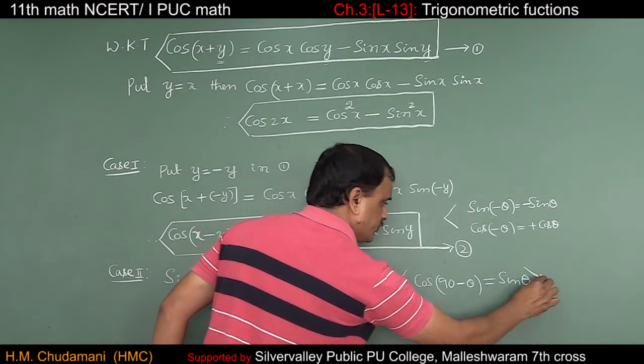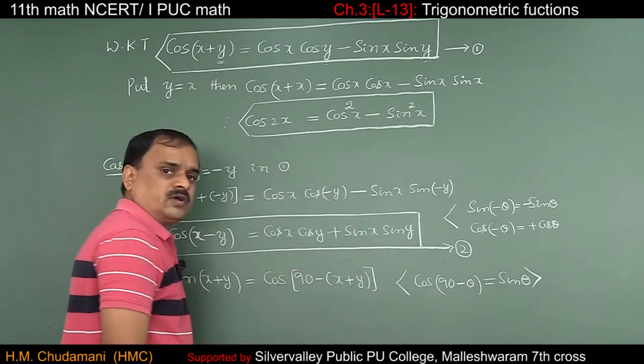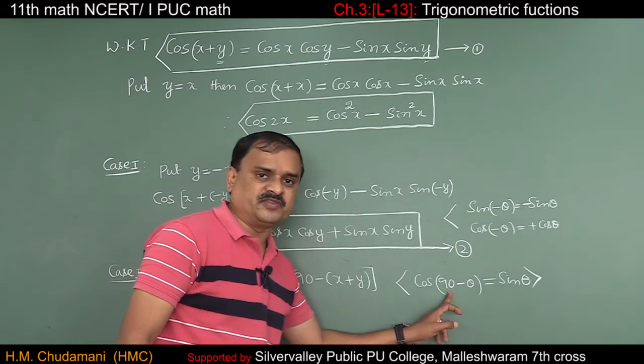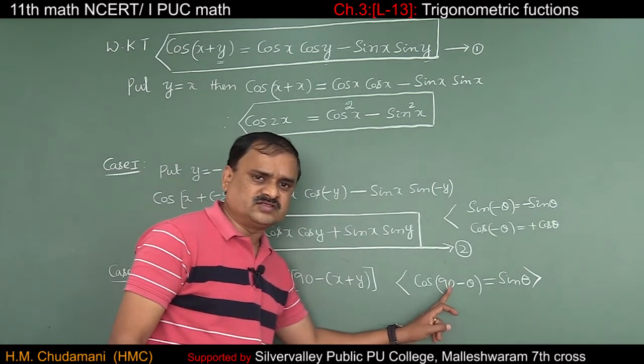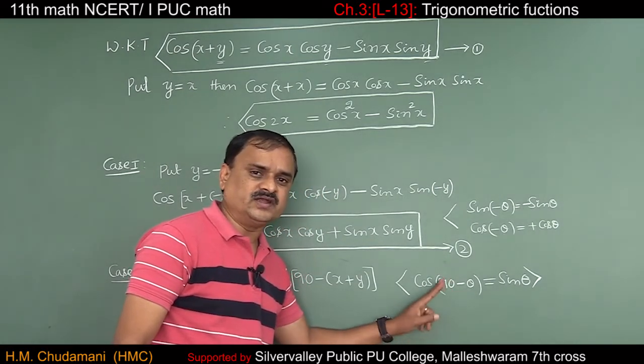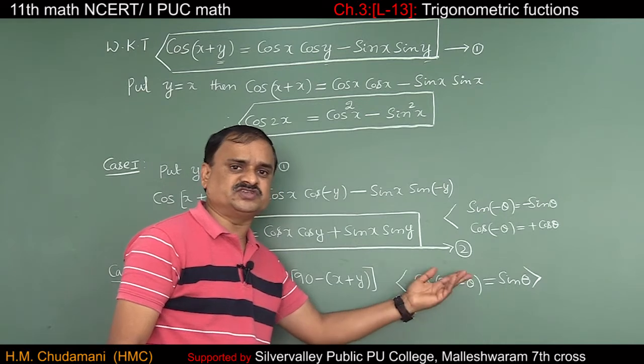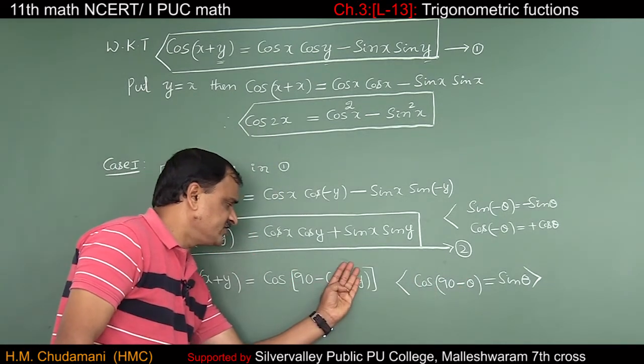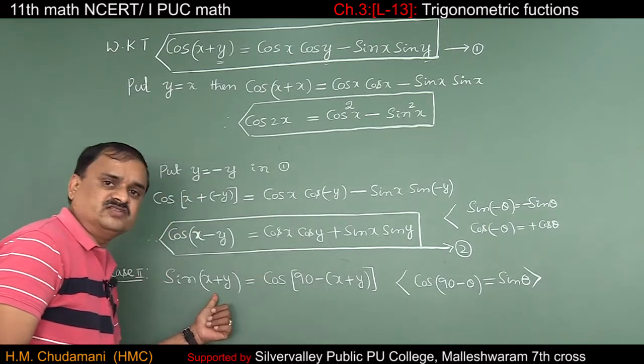So cos changes to sin, since this is an odd multiple of 90. 1 into 90, 3 into 90, 270. For 90 and 270, the trigonometric function changes. Correct. So cos of 90 minus theta is sin theta only.